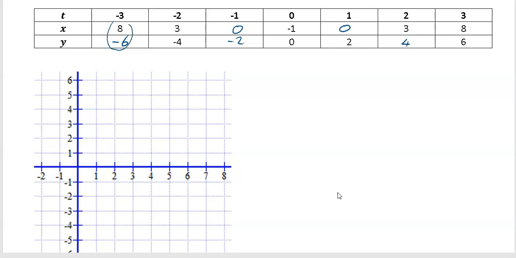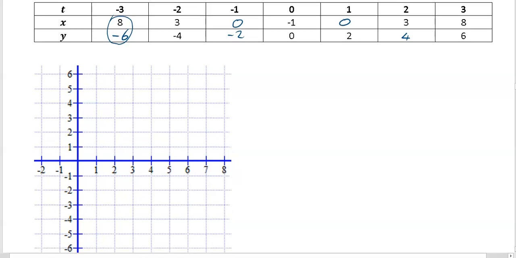That's our coordinate: we've got an x value and a corresponding y value. So when x equals 8, y is equal to minus 6. So we'll mark that point on. The next one was when x equals 3, y is equal to minus 4.